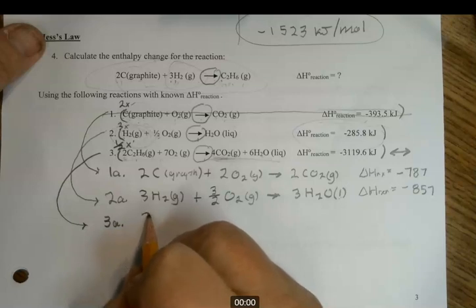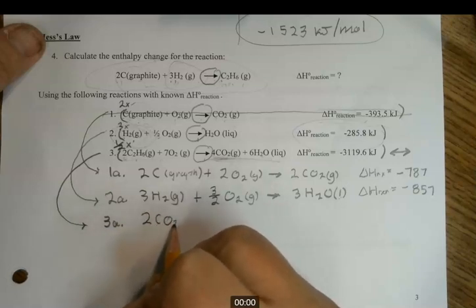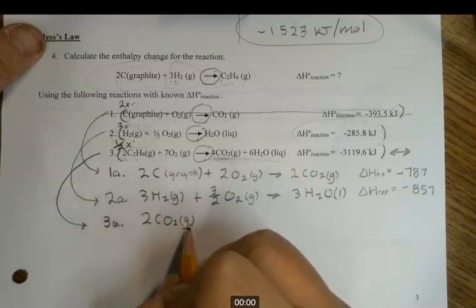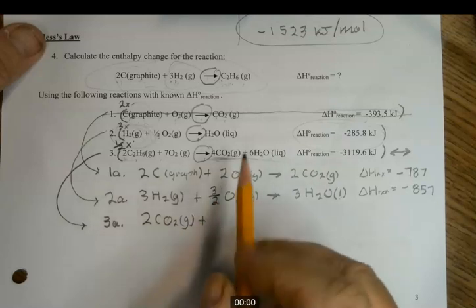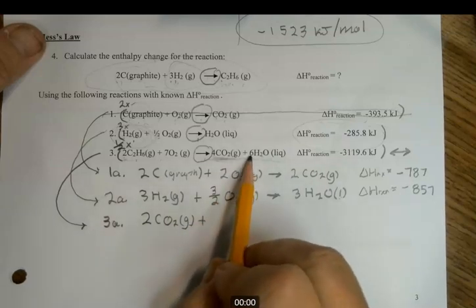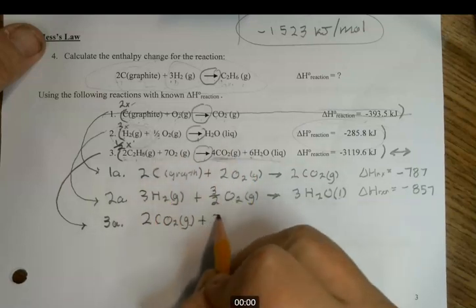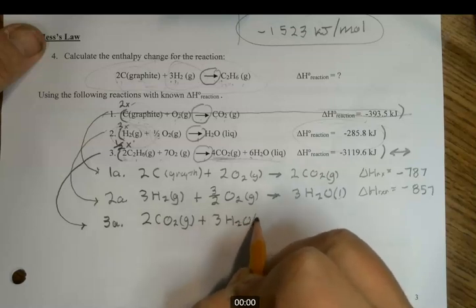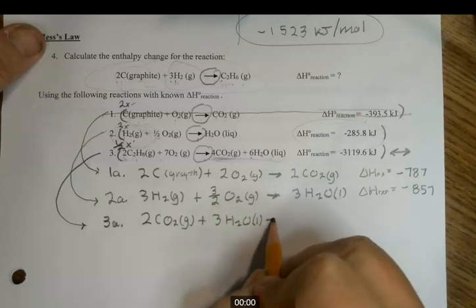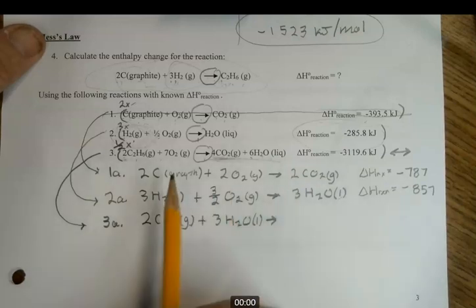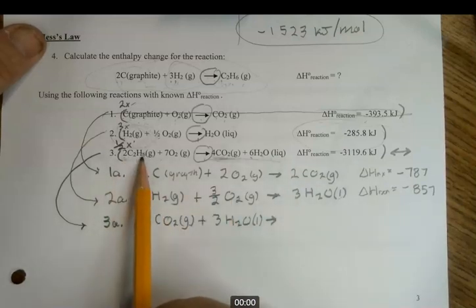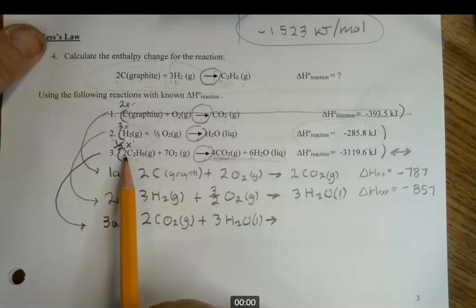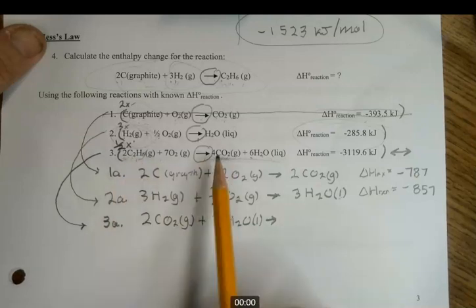Okay, so I've got 2 CO2 gas. Okay, plus, now we go to the water. I need to cut that in half, so 6 goes down to 3, and then I need to move it over to the other side. So I got 3 H2O liquid. And now my arrow. And we have 2 C2H6. I'm going to cut that in half so that we just have 1. And I'm going to move it over to the right side.